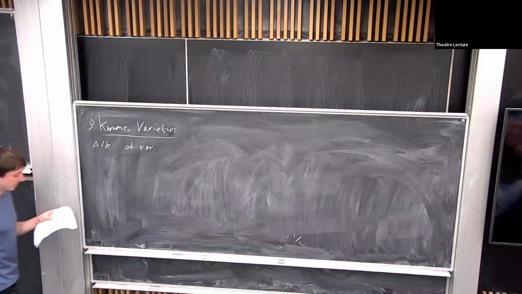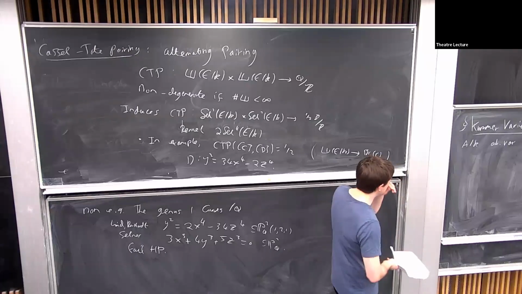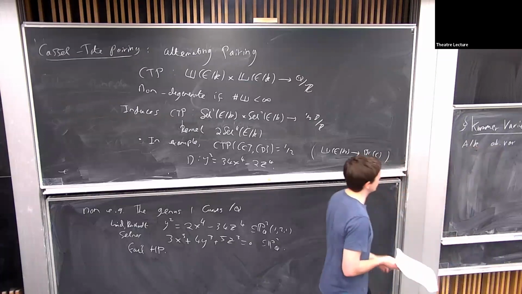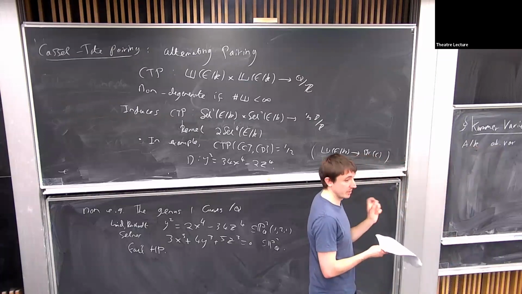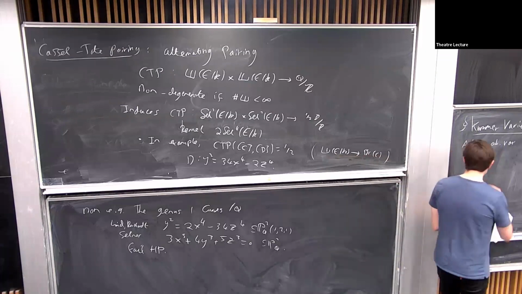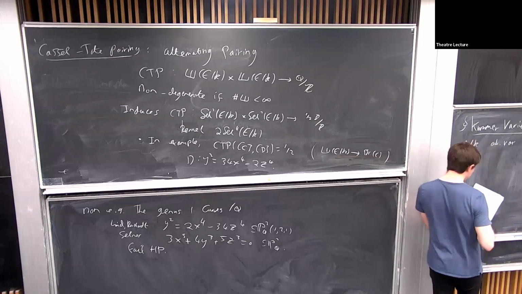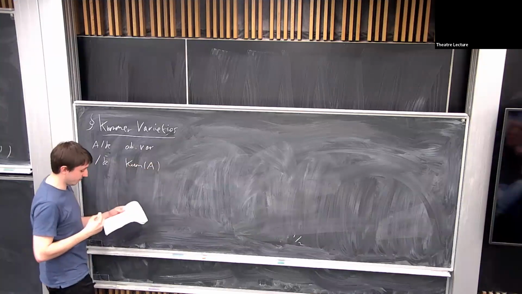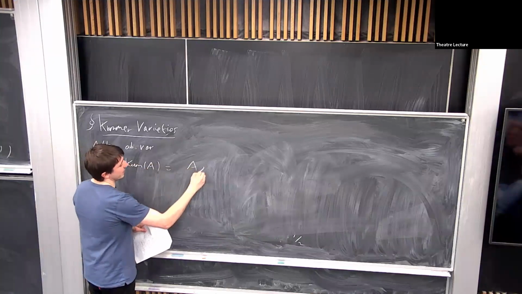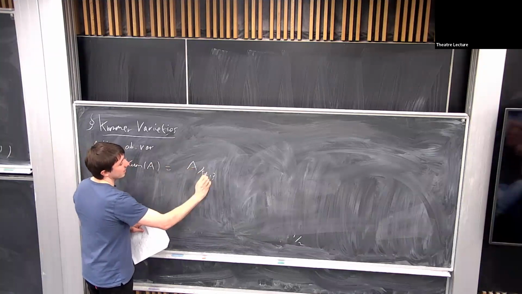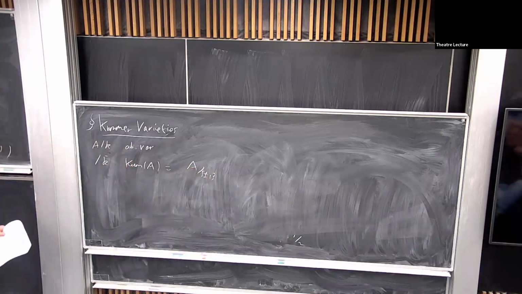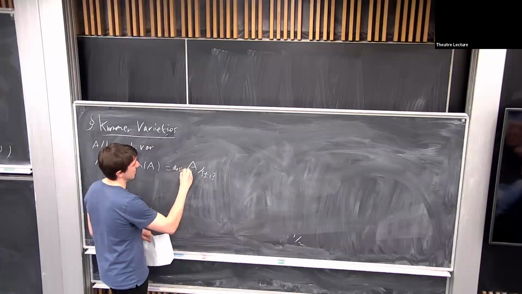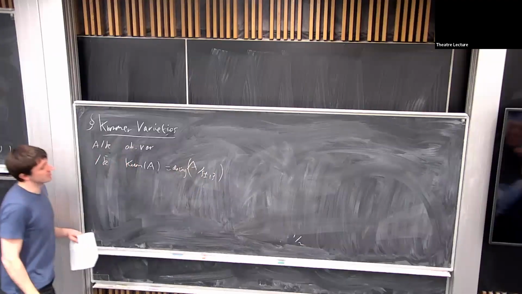Over an algebraically closed field, all I mean by a Kummer variety is you quotient by the action of plus or minus 1. So over K bar, by Kummer variety I just mean the quotient of A by the action of plus or minus 1. Maybe this gives you something singular and you want to use some appropriate desingularization of this to get a smooth projective variety.